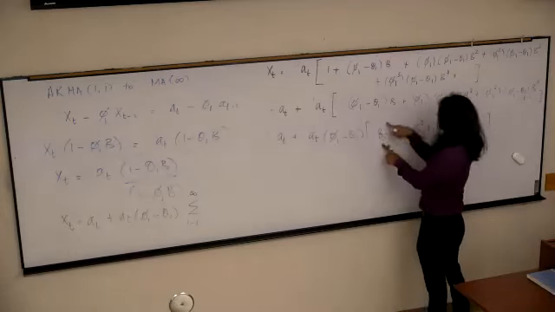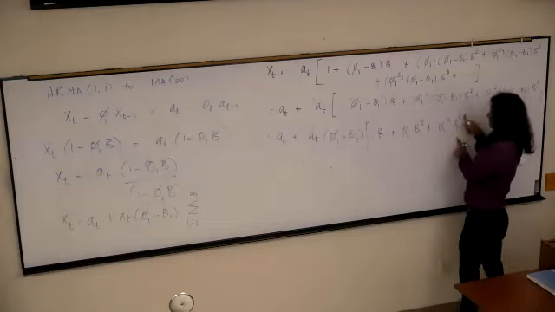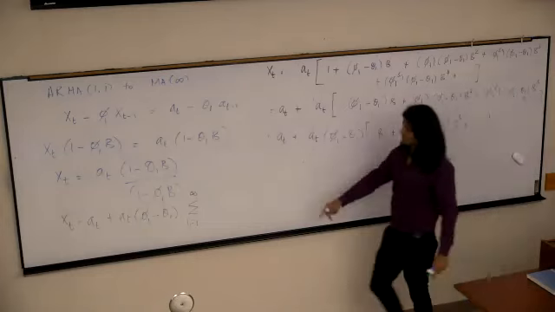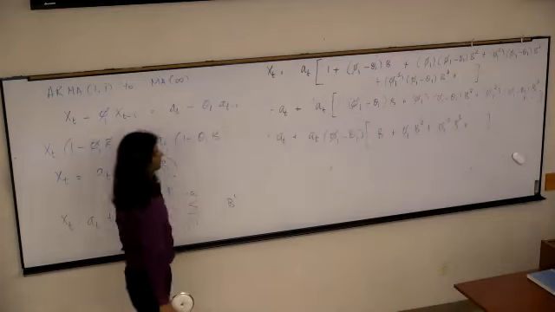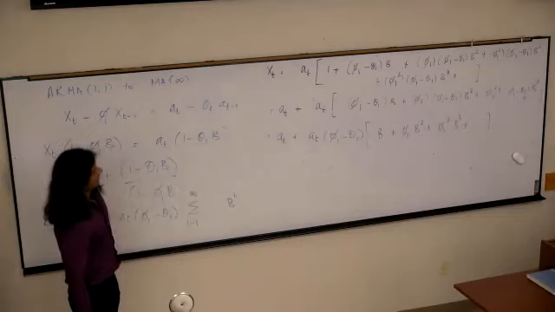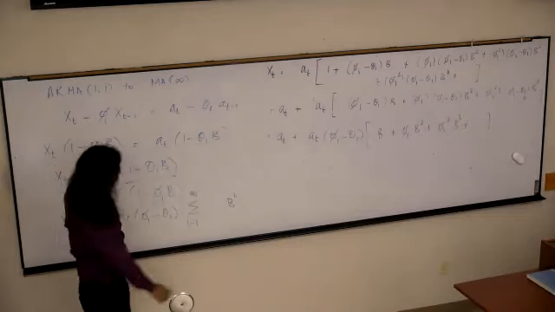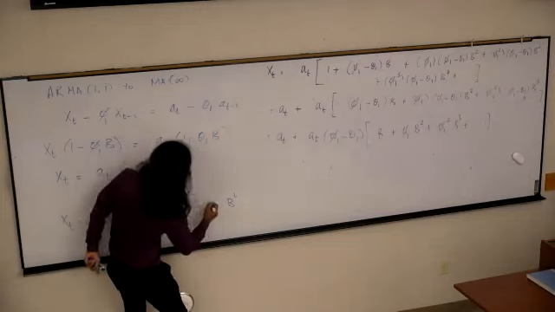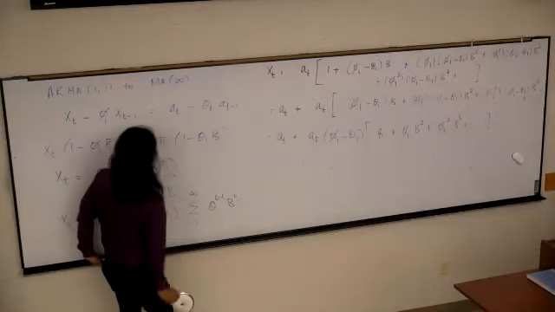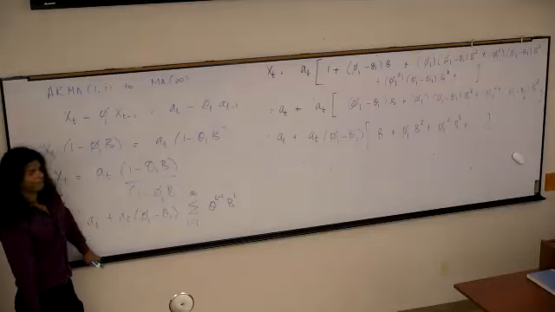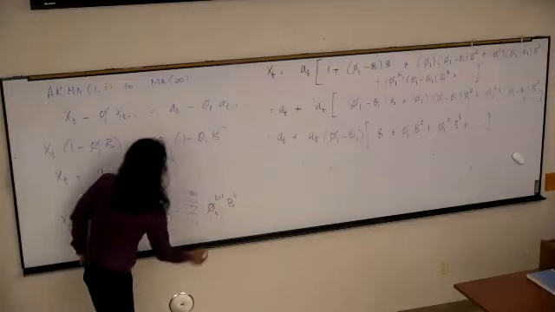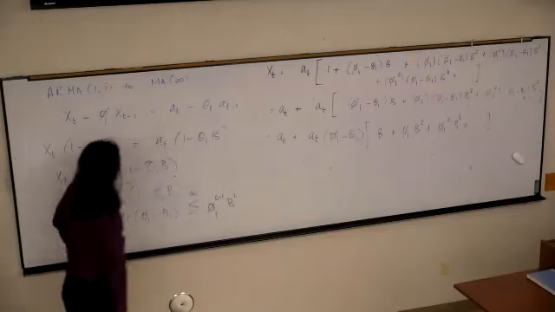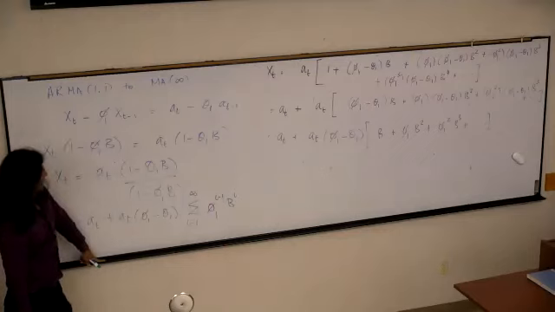So B raised 1, B raised 2, B raised 3, not a problem. So I can write it as B raised i, and this part I can write as phi raised i minus 1. Or sorry, phi. Good.